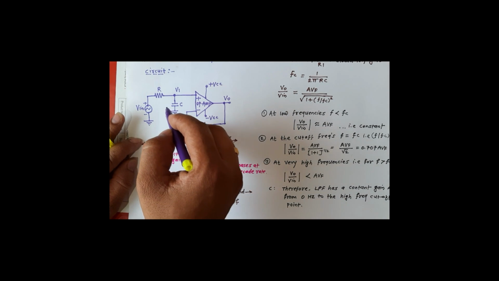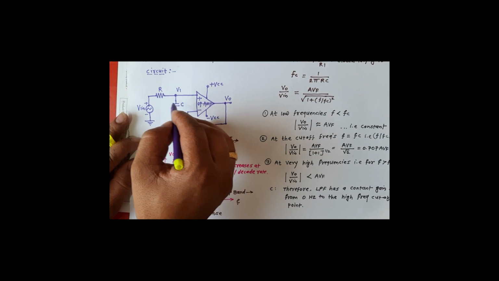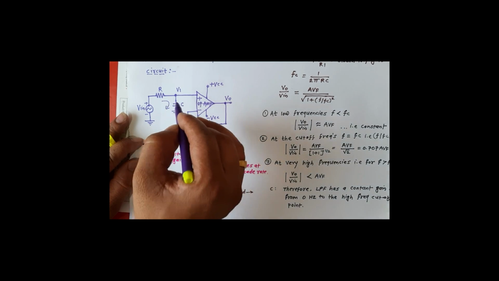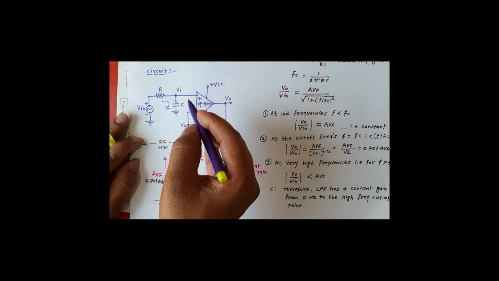Here is the RC network, or filter. We have applied an input voltage Vin. When this input voltage Vin is positive, the current will flow in this direction, so this capacitor will charge up to its maximum value.